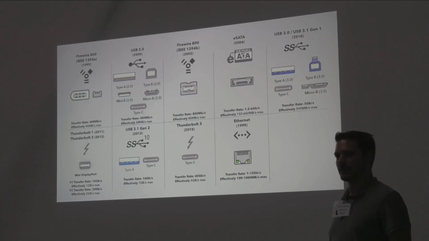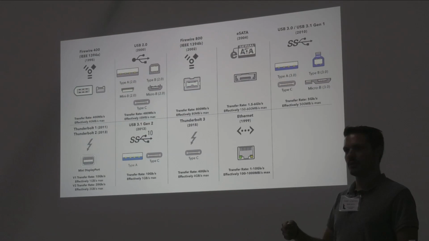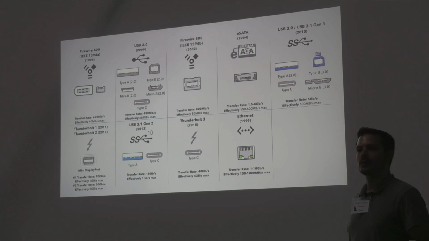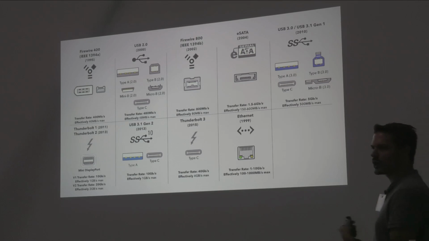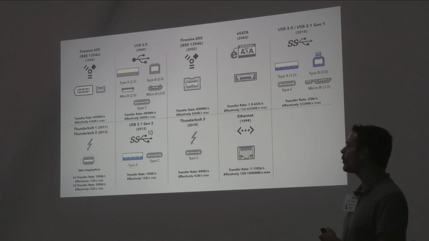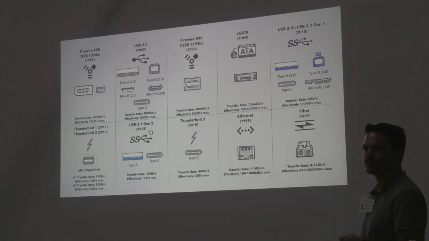Or if you have 10 gigabit networking with a copper wire, because usually it's fiber, then you could plug a 10 gig connector into the back of your iMac Pro, and you'd have 1,000 megabytes a second, or a gigabyte a second, over a network. But usually, when we're talking about fast connections over a network, we're looking at fiber.